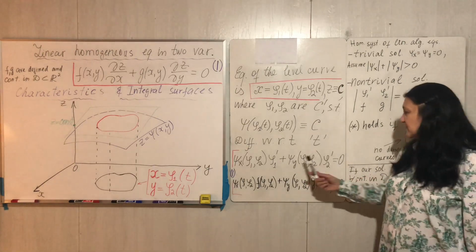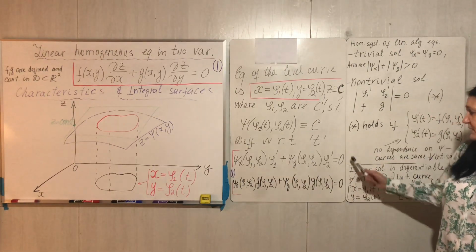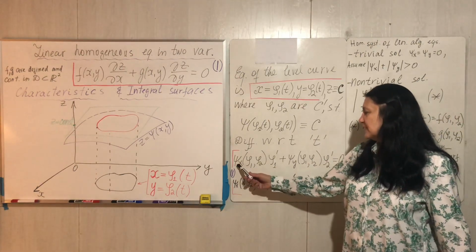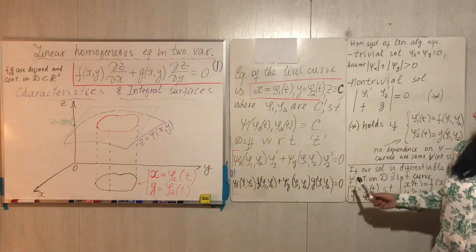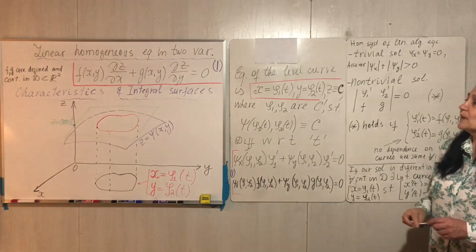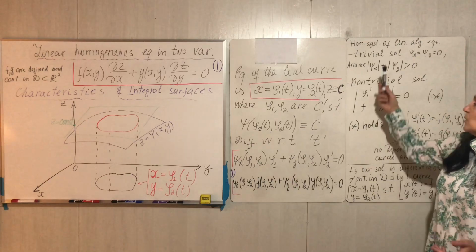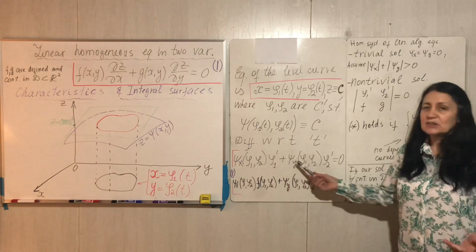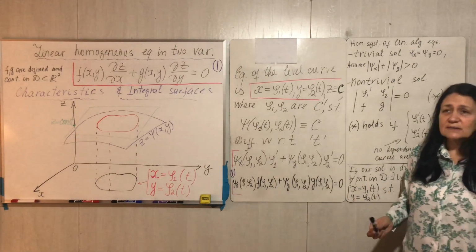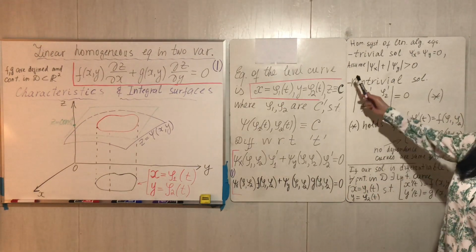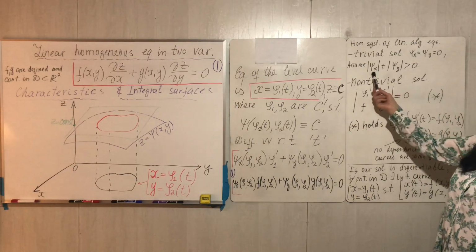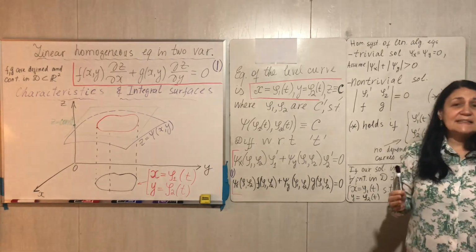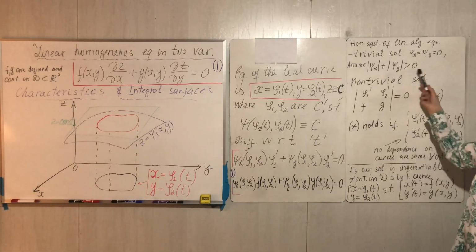Of course, this system has a trivial solution, since it's a homogeneous system, when psi x and psi y both equal 0. We were talking last time that we are not interested in such a solution because it will be just a constant. So we had an assumption that psi x and psi y are not equal to 0 at the same time.